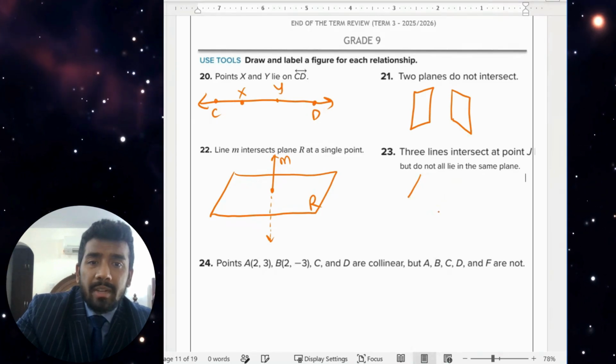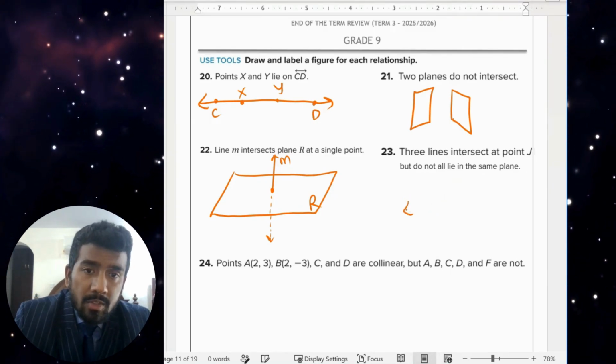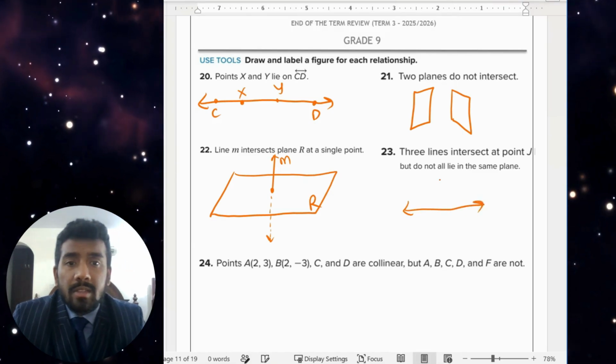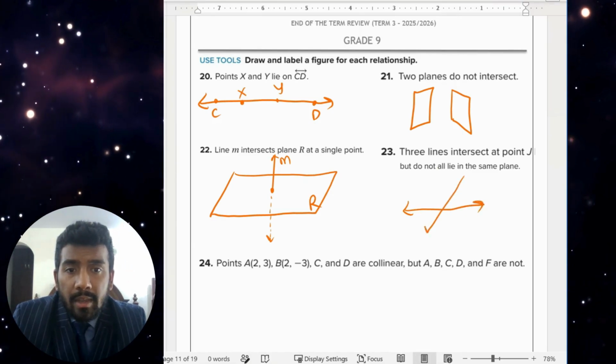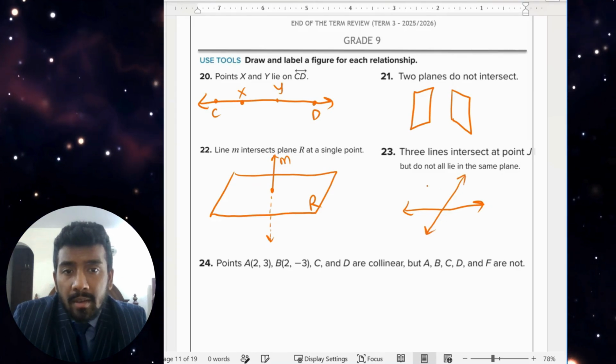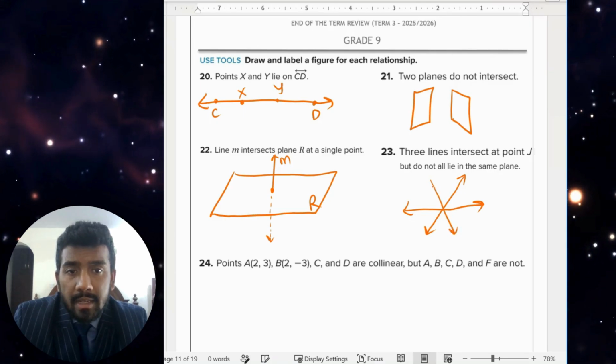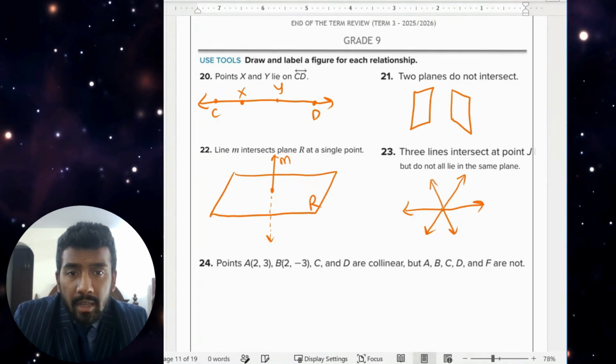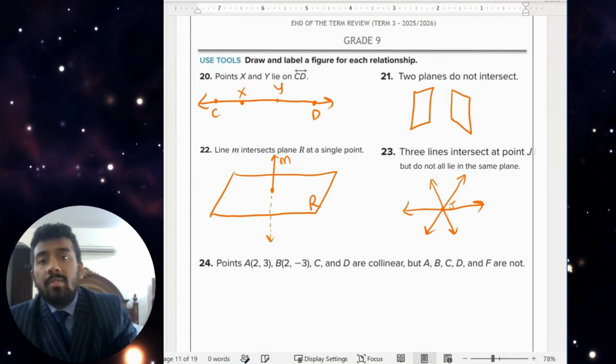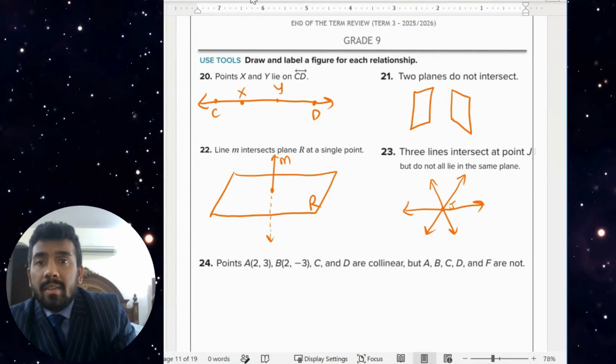I think that's much better. So draw three lines, one line like this, one line like this, and one line like this. They intersect at a point called J, but all of them lie in different planes.